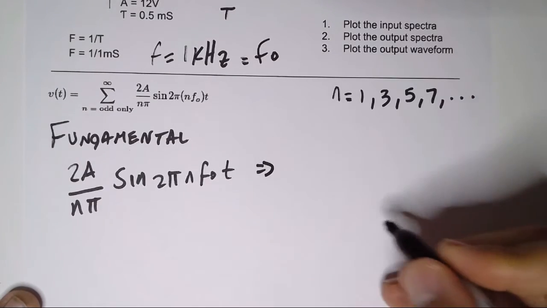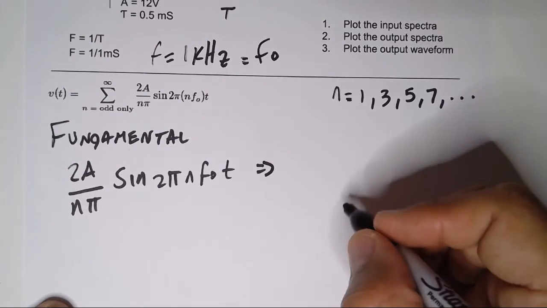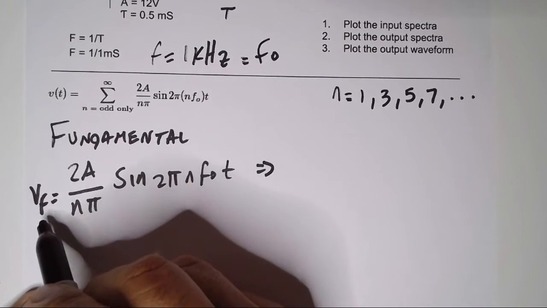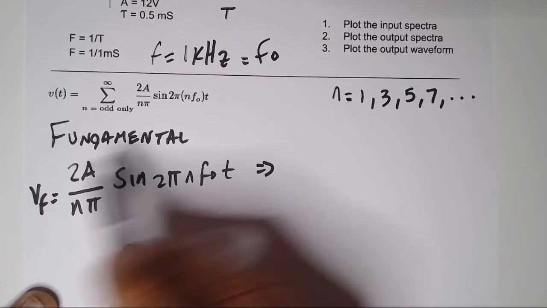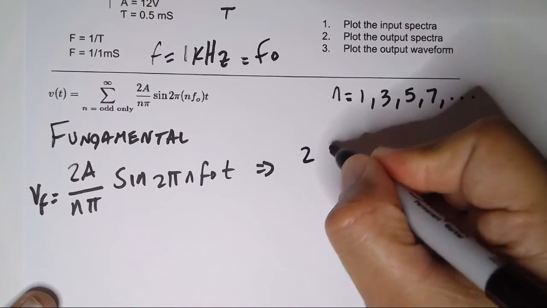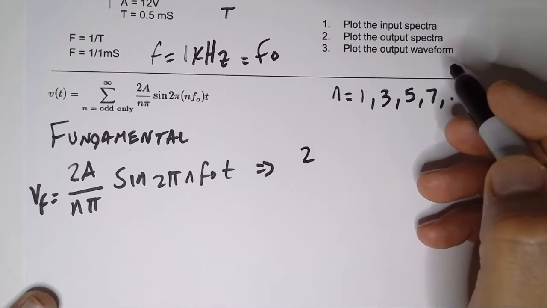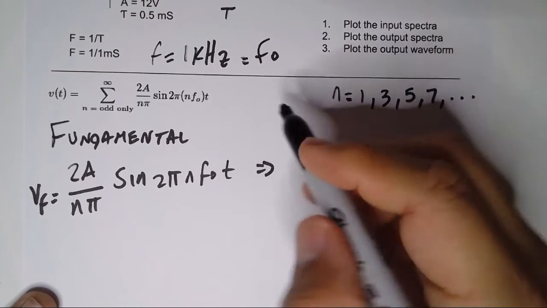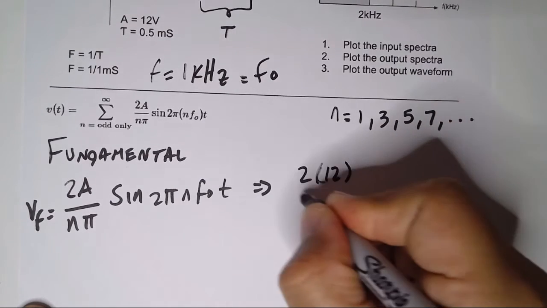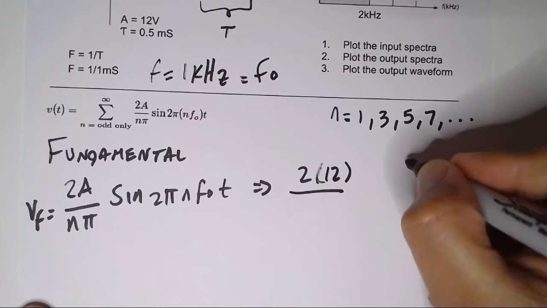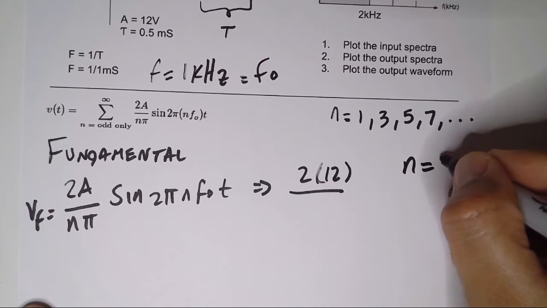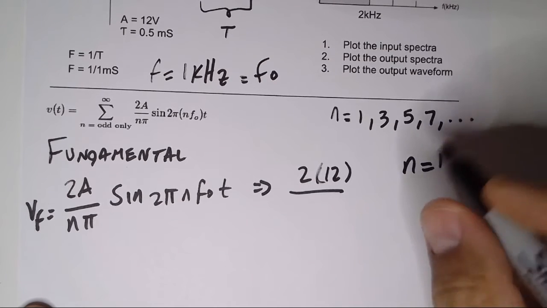If we plug in our numbers, this is the fundamental sine wave, V1. The amplitude A is equal to 12 according to our given information. And in this case, because it's the fundamental, the first harmonic, n is going to be equal to 1.